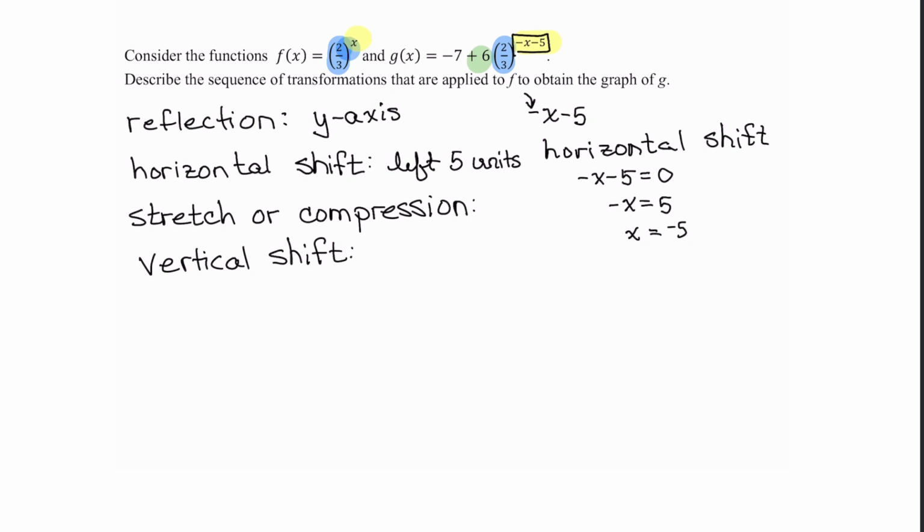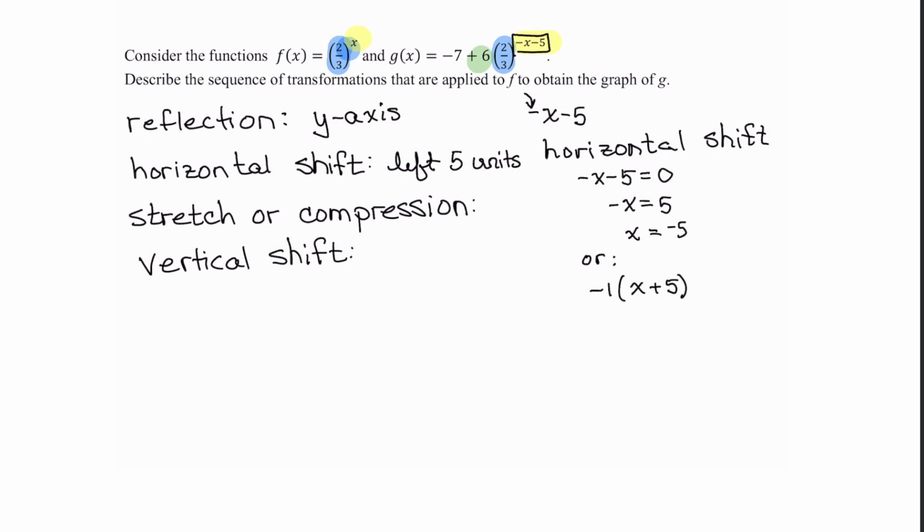Another way to do that is we could have written this where I factor the numerical coefficient in front of the x out in front of parentheses. So if I factor a -1 out of the expression because I have a -1 coefficient in front of the x, that would leave me with, well, -x divided by -1 is x, and -5 divided by -1 is +5.